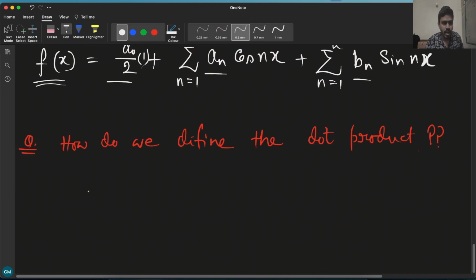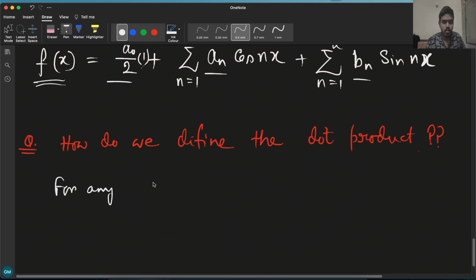For any functions, let me write them as f(x) and g(x), which are generally used to denote functions.